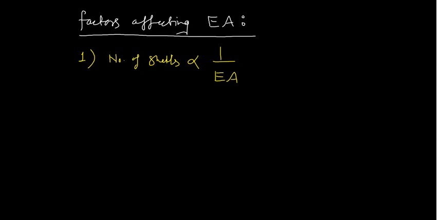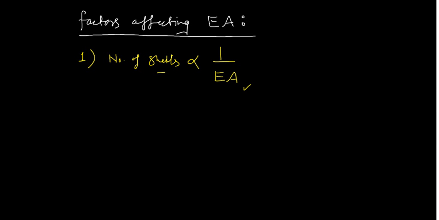That means whatever the factors were changing the ionization potential, those factors will change the electron affinity in the reverse manner, right? They are opposite to each other. So when number of shells increases, electron affinity decreases.